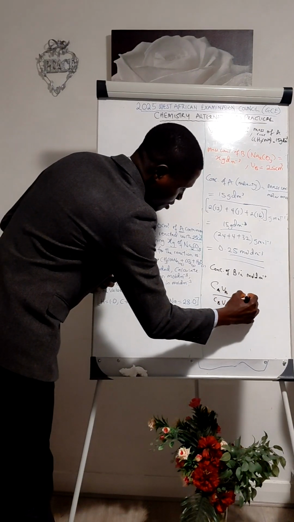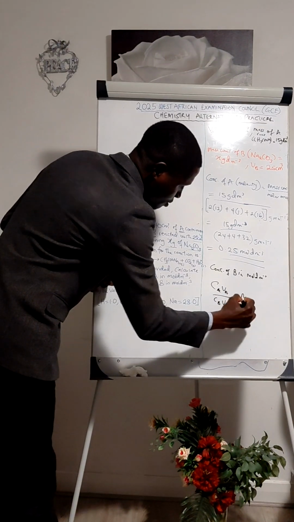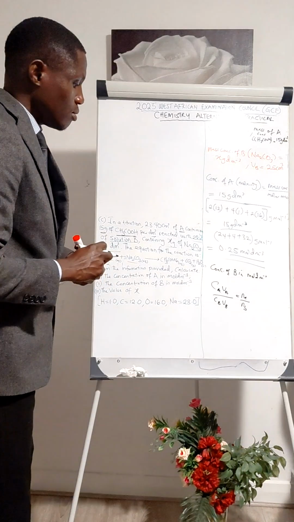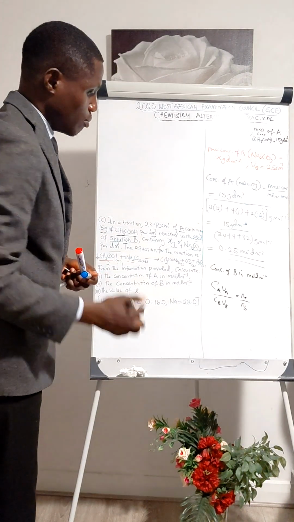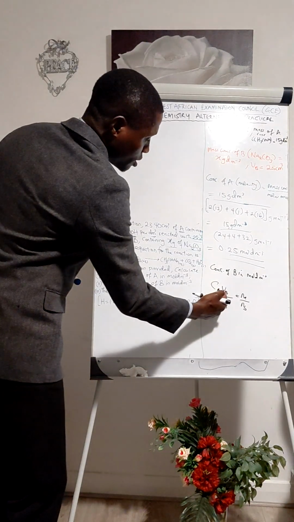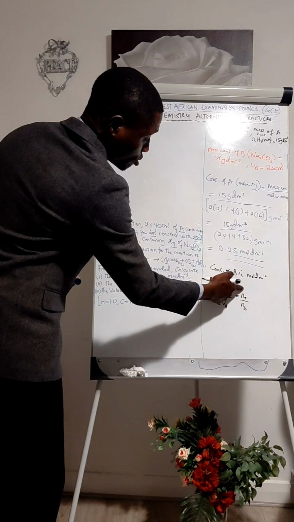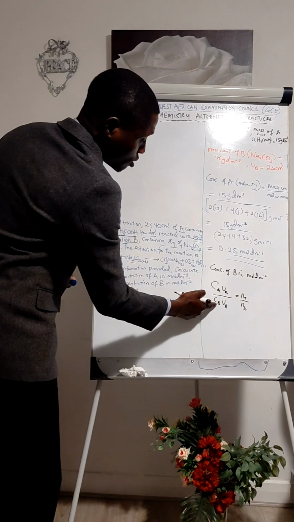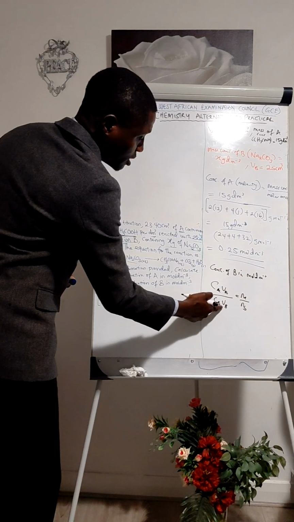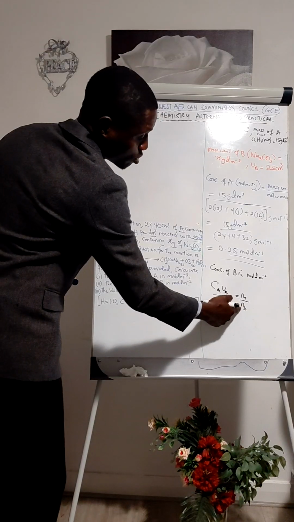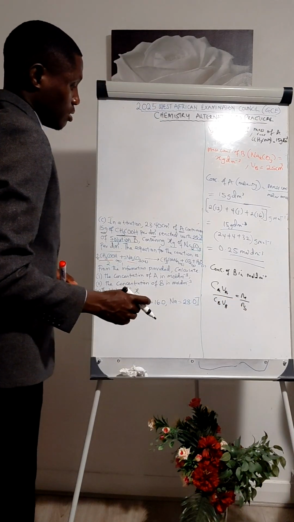This is the formula I was telling you the other time that we usually use for solving the number of moles. The concentration times volume is equal to the number of moles of acid. The concentration of base times the volume of base is equal to the number of moles of base. That's something you need to note.